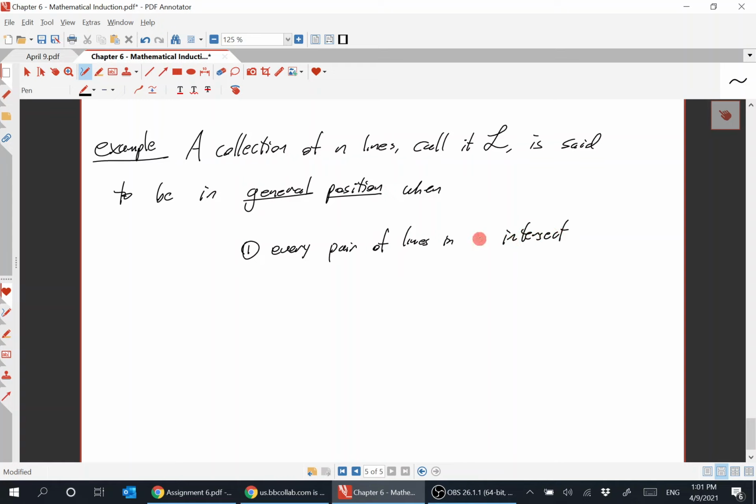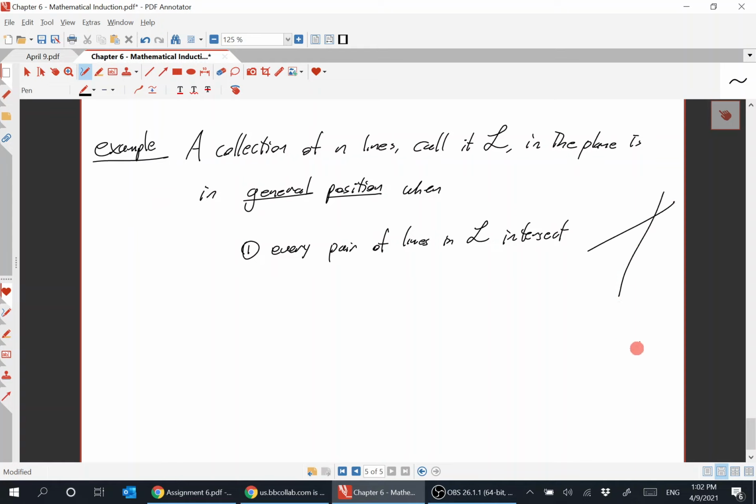So no parallel lines. All right, so a collection of lines, call it L, in the plane is in general position when every pair of lines in L intersect.